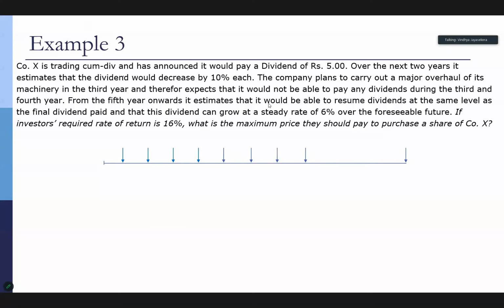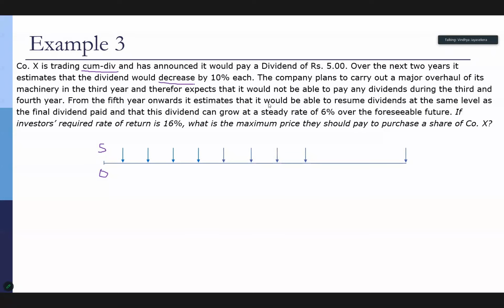So it's cumulative, right? Meaning the dividend has not been paid and it's 5 rupees. So in year 0, there is a dividend we have to consider. We are getting 5 rupees. Over the next 2 years, it's estimated that the dividend would decrease by 10%. Decrease, right?